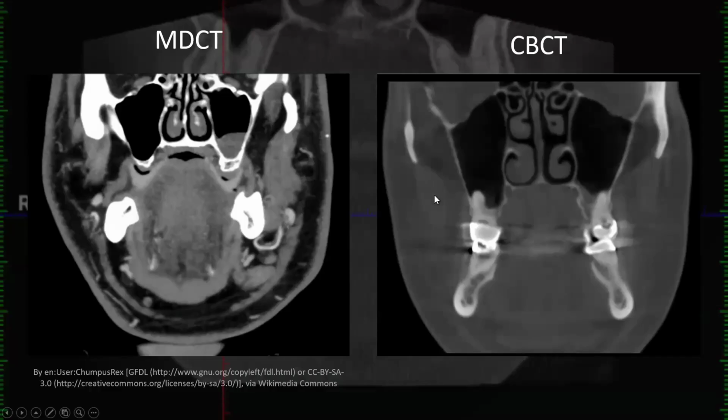But in cone beam CT, mostly the soft tissue looks the same. Yeah, you can see fat planes, and you can see lymph nodes because these fat planes stand out quite a bit. You see the platysma. To some degree, you can see the intrinsic musculature of the tongue, but it's just a lot lower contrast resolution. So if we're looking at soft tissue, medical CT is better.